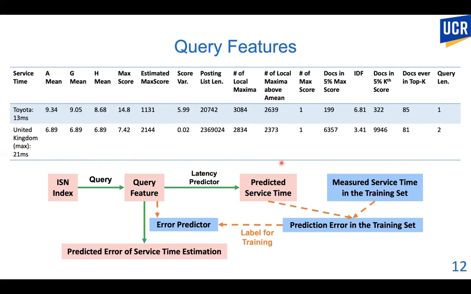After having the predicted service time, we can compare it with the measured service time and get the prediction errors. These prediction errors become the training labels for our error predictor. Finally, the 2-step DVFS in Gemini can leverage the prediction results from our error predictor to calculate the frequency boosting time.